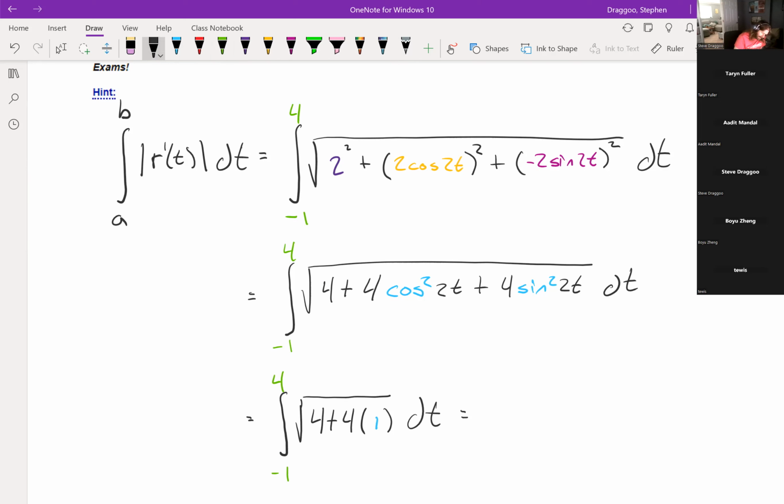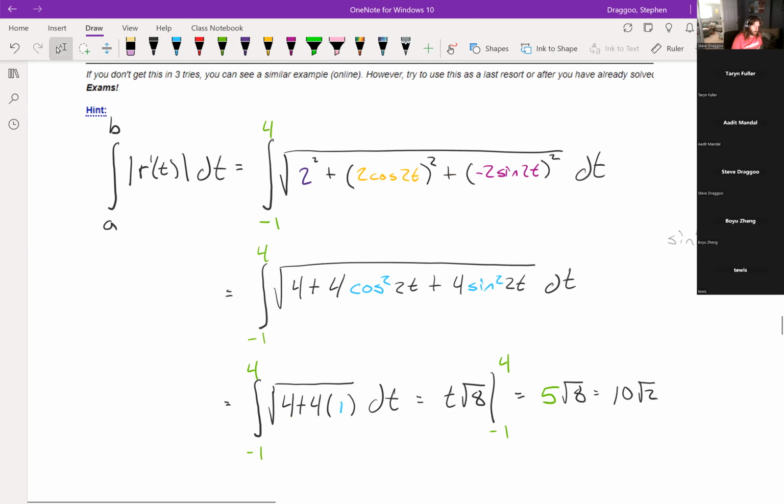I am just looking at the integral of, well, let's see. I'm going to get t times the square root of 8 from -1 to 4, which is 5 square root 8. And if we wanted to simplify that even a bit more, call it 10 square root 2. But I don't really think the last step is particularly necessary. 5 square root 8, or at that point, we could plug it into a calculator to find a decimal approximation.